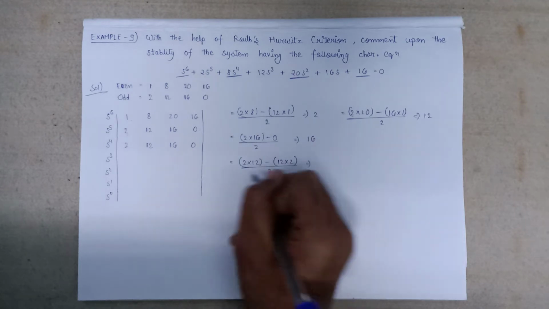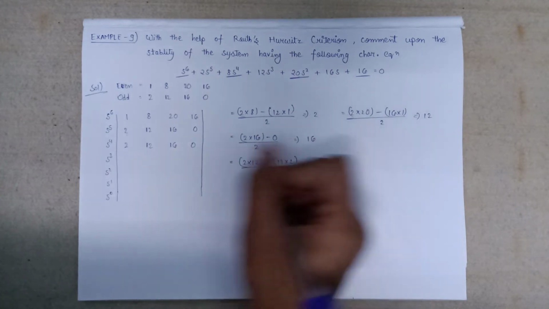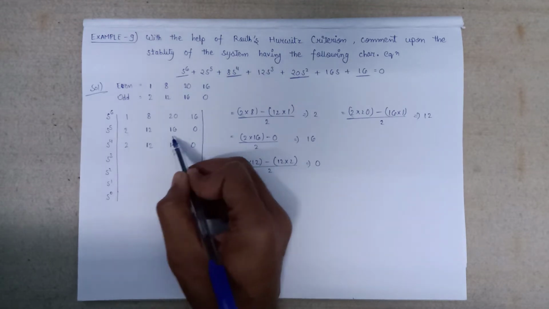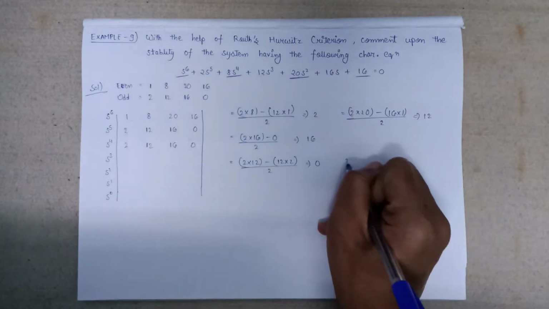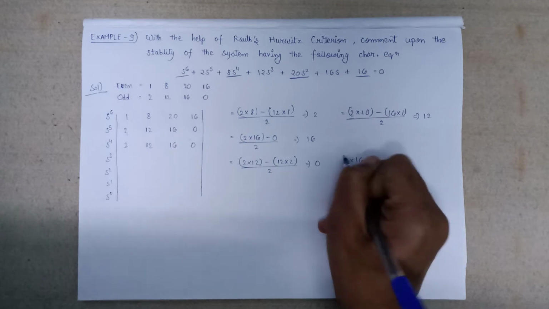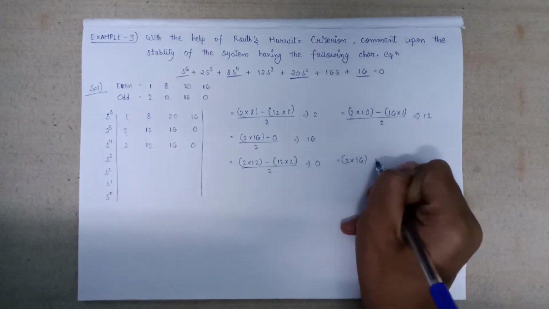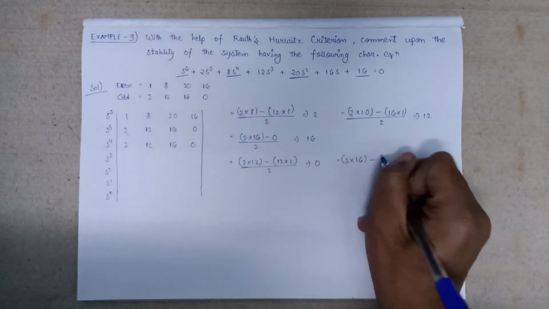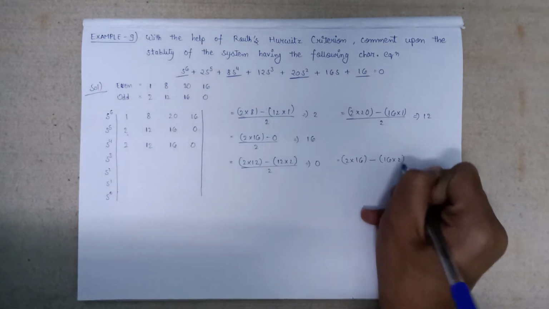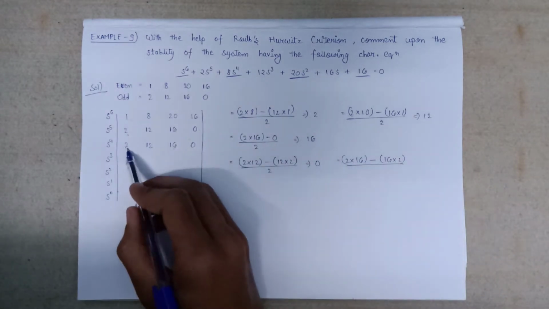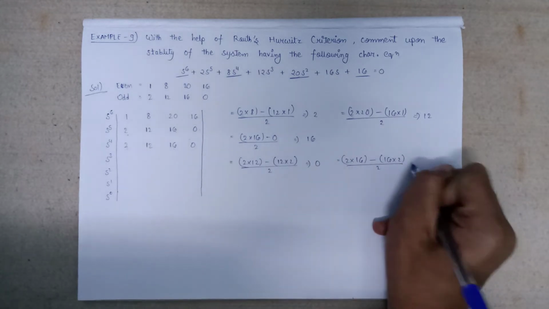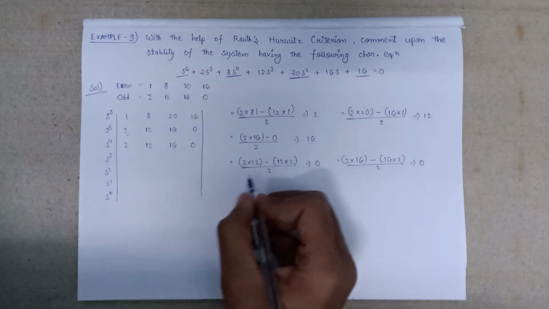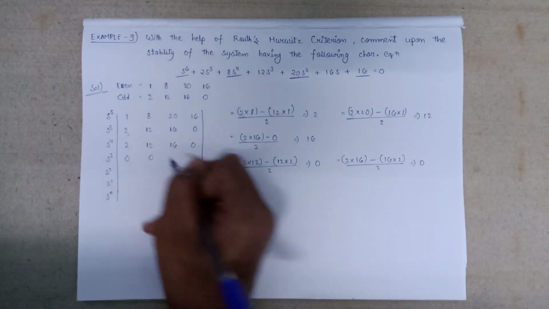We again get 0 here. Moving on to the next column, 2 multiplied with 16 minus 16 multiplied with this 2, whole term divided by this 2. So we get 0 here also.